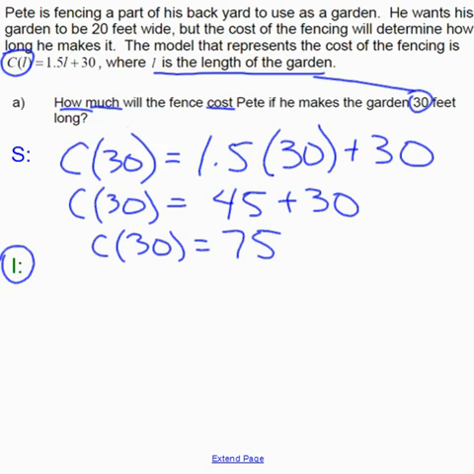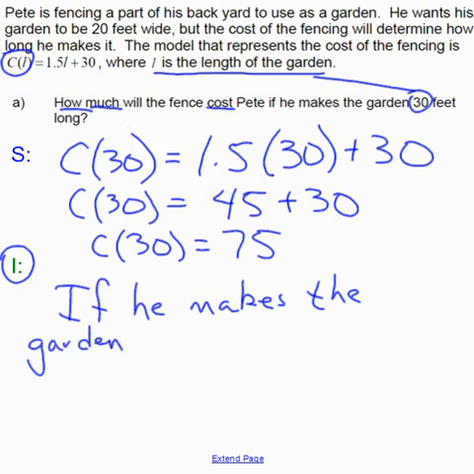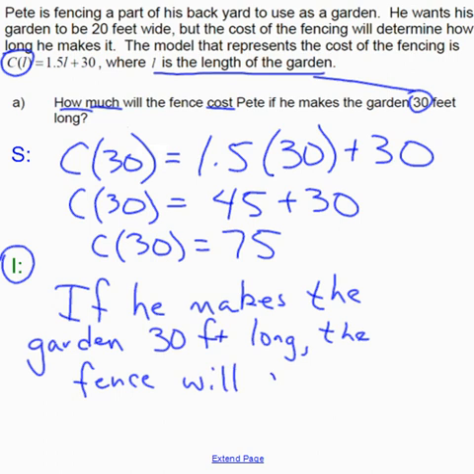So if he makes the garden 30 feet long, the fence will cost $75.